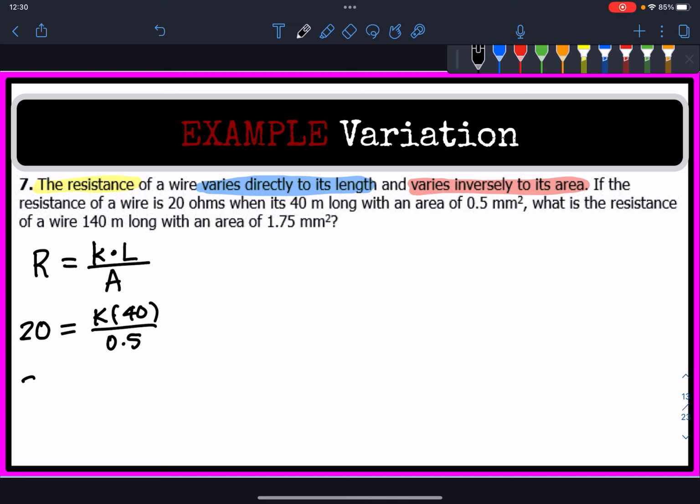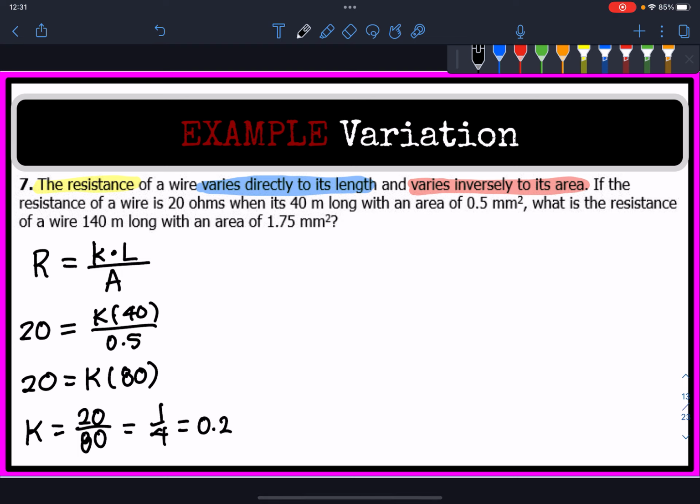We're going to first divide these two quantities, which is 80, and k will equal 20 divided by 80, which as a fraction is 1/4, and as a decimal is 0.25. So the resistance is equal to 0.25 multiplied by the length of the wire divided by the area of the wire.